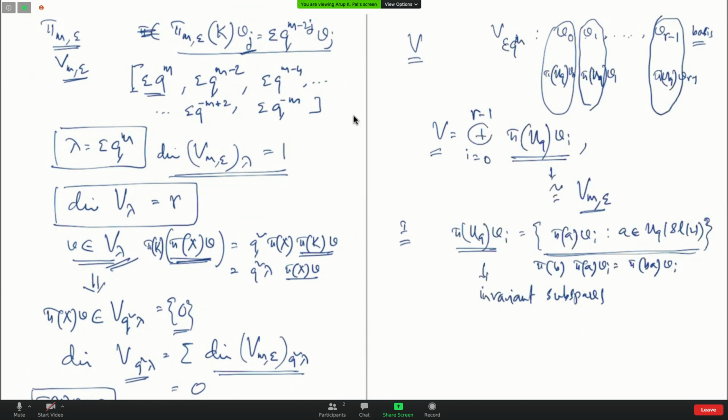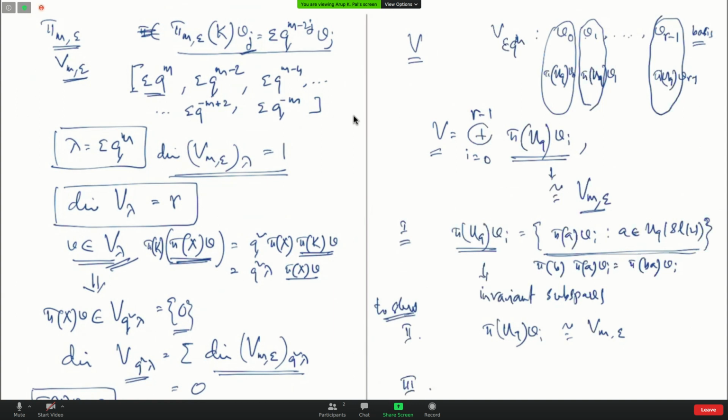So what else now do we need to show? We need to show two more things. One is that each of them is irreducible, this is what I had written just earlier. This is to be shown here, and then third, that V is a direct sum.